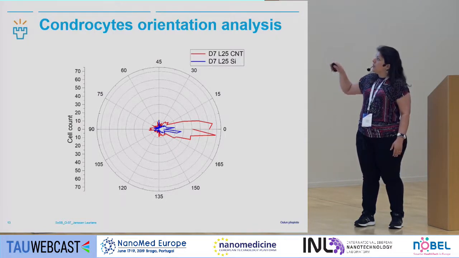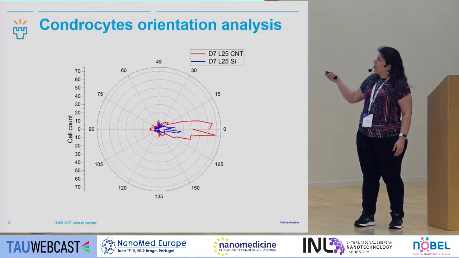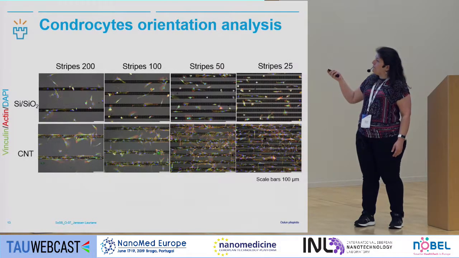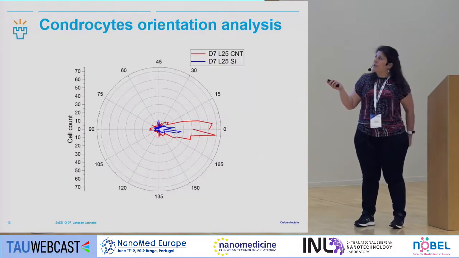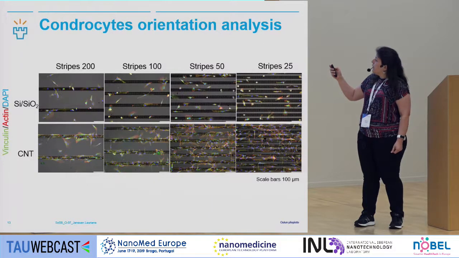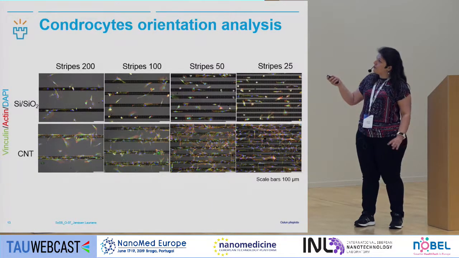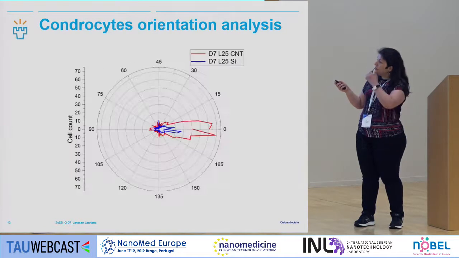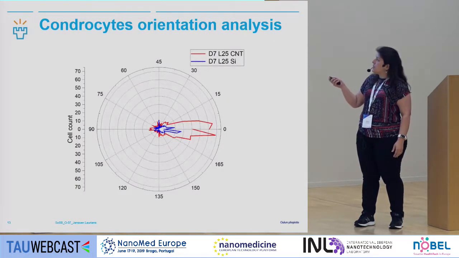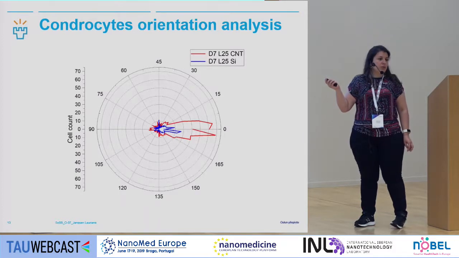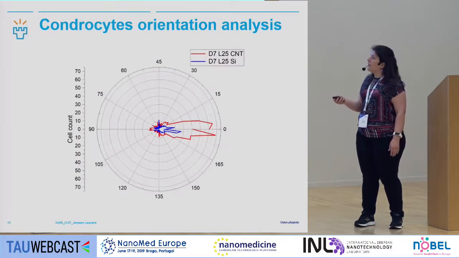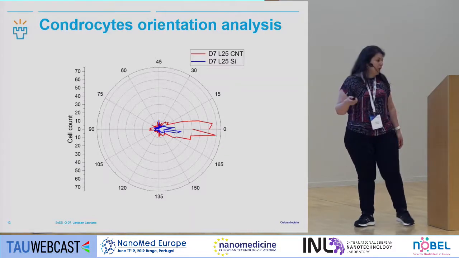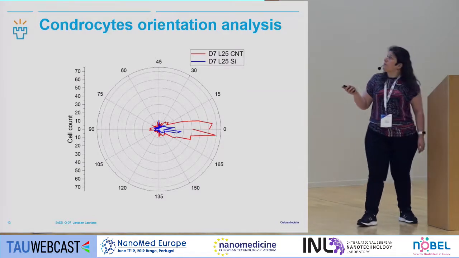That means they are following the stripe lines. Another important piece of information is that at the same time point for silicon and carbon nanotubes, you have many more cells on the carbon nanotubes than on the silicon, showing that they better support the survival and proliferation of the cells.